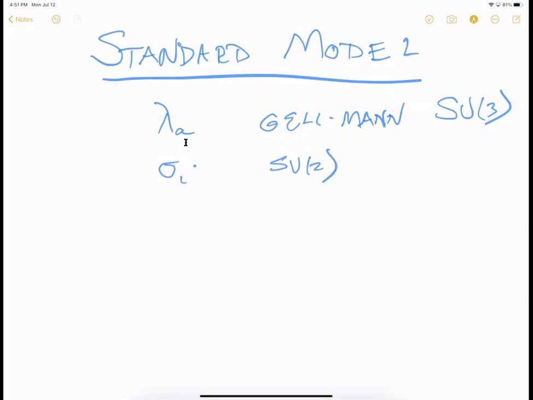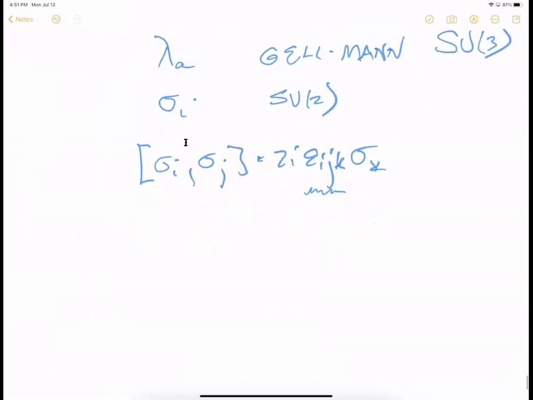And we know the Lie algebras for this, right? The Pauli matrices, of course, satisfy the commutation relation with epsilon i j k, so we're dealing with just the 3-dimensional Levi-Civita tensor. Not a hard thing to work with. I hope you're feeling comfortable with that one now.